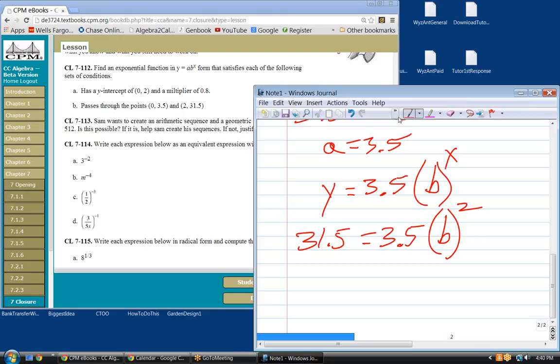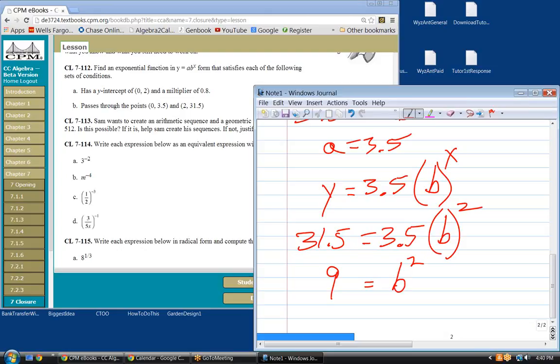Dividing? Okay, you have your calculator. What's 31.5 divided by 3.5? Bet 9. Yeah, it is.